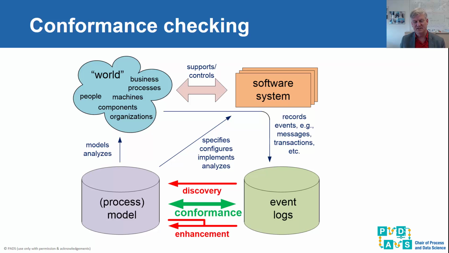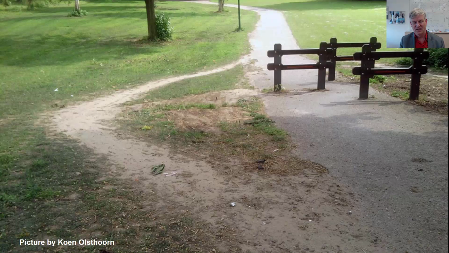If you look at the diagram that I showed before, the world is generating events that are stored in information systems, in databases. We extract event logs. We also have models that have been discovered or that have been made by hand, and we would like to check, does reality behave as the model says that it should behave.